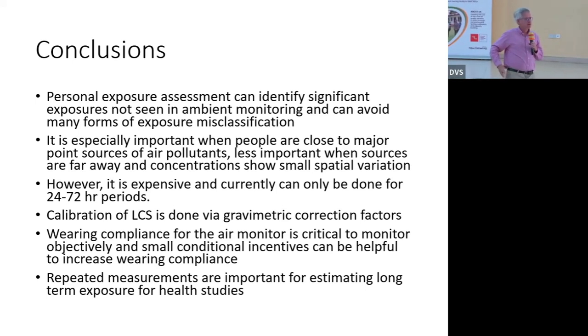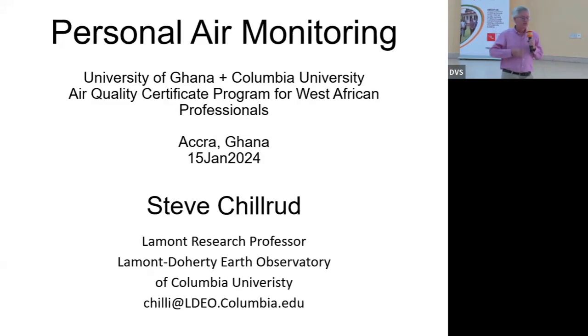to wear it down here on the waist because the PM 2.5 is relatively well mixed as long as you're not super close to that point source. PM 10, on the other hand, because it settles out so quickly, there again, you want to be very close to the breathing zone. So, you know, the rule of thumb is within 2 feet, but it really depends on what the sources are that you're really interested in or think might exist.